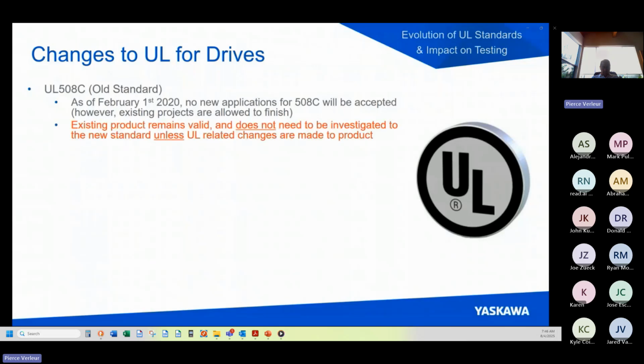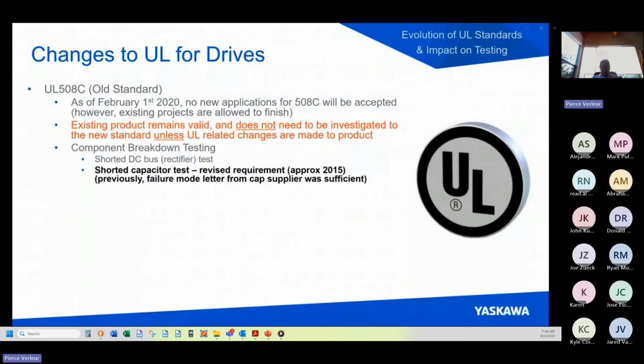Now, existing product that's been out there for quite some time remains valid and does not need to be investigated to the new standard unless UL-related changes are made to the product. And generally, that means something very significant. So for a lot of product that's out there, UL 508C is absolutely fine, and there's no concern whatsoever in using product that's listed to UL 508C.